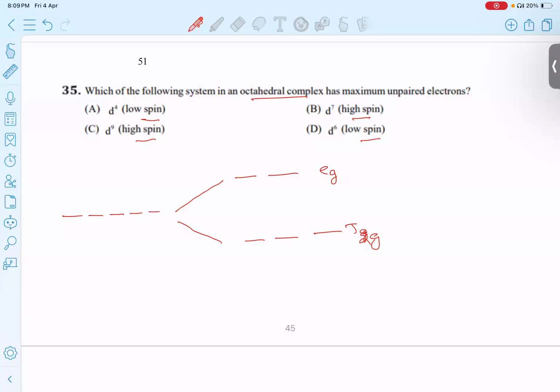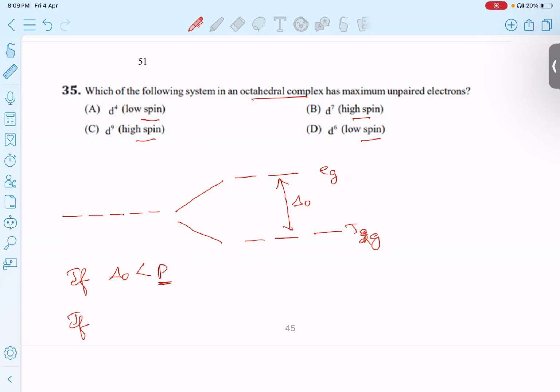The difference in energy between the eg and t2g sets is called delta naught, the crystal field splitting energy. Now we fill the electrons. If delta naught is less than P, the pairing energy, the electrons fill the eg orbitals before pairing in the t2g orbitals.